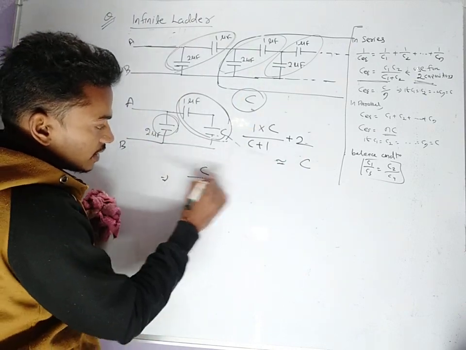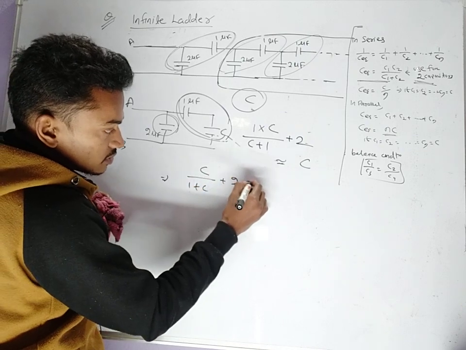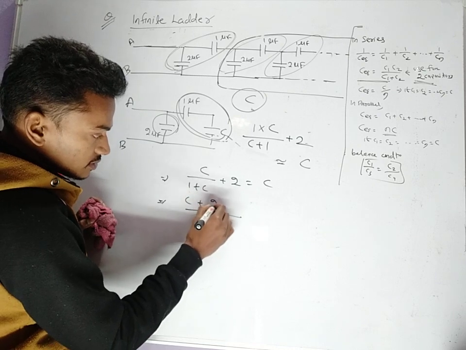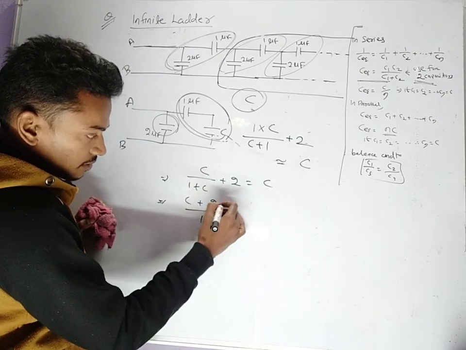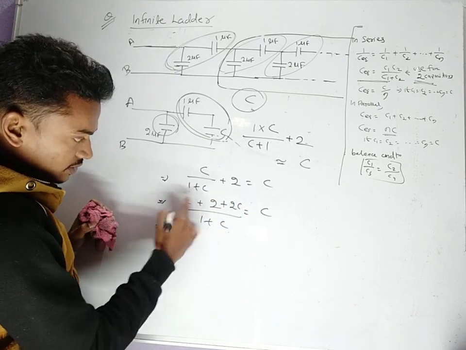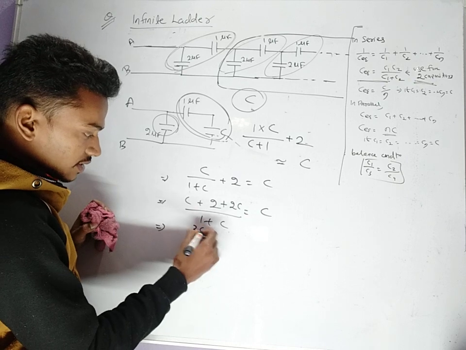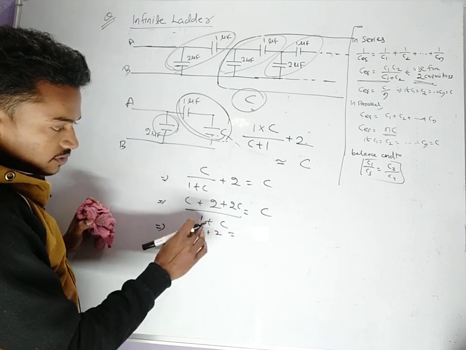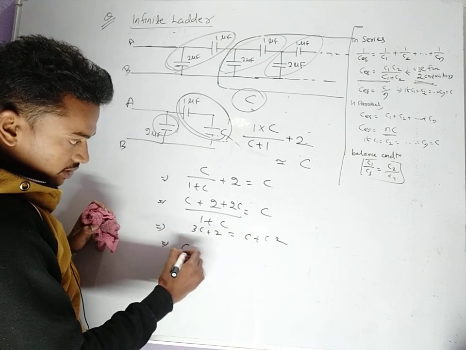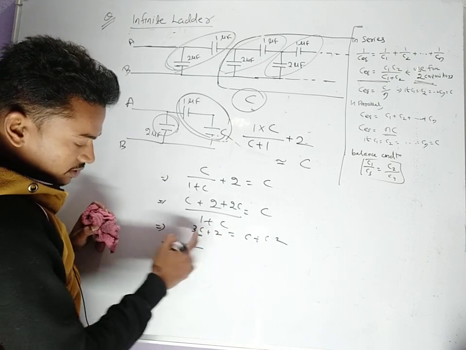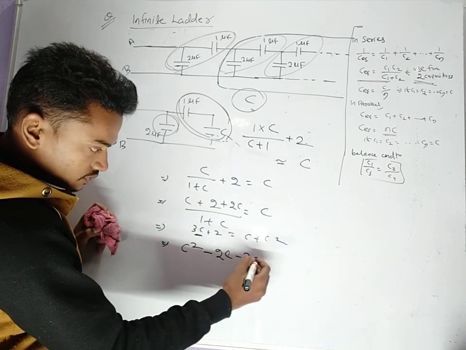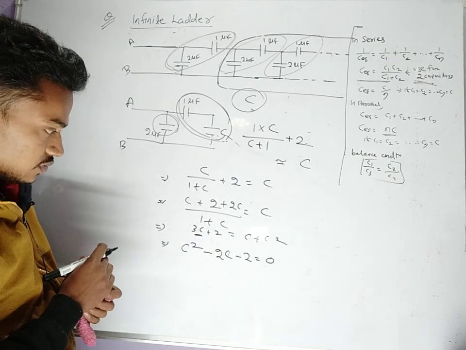Solving this, C by 1 plus C plus 2 is equal to C. Taking the LCM, C plus 2 times 1 plus C is equal to C times 1 plus C. This implies 2C plus C is 3C plus 2 is equal to C plus C square. So taking 3C to the RHS, C square minus 2C minus 2 is equal to 0.